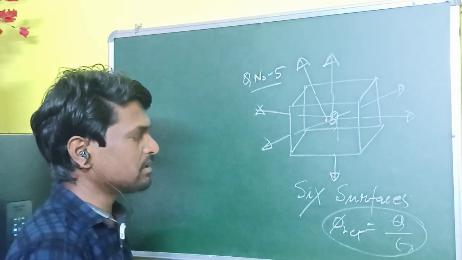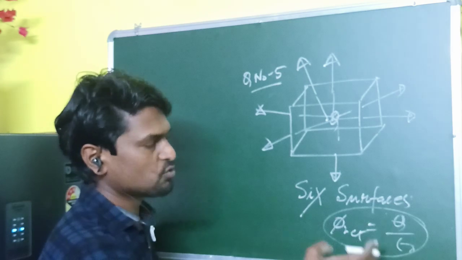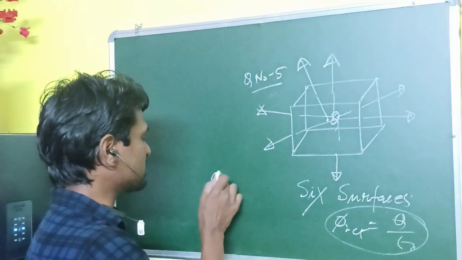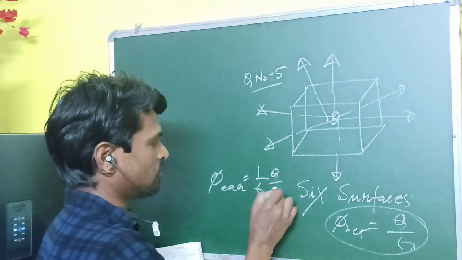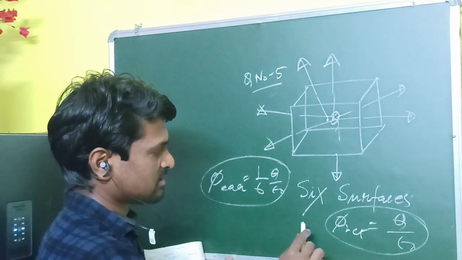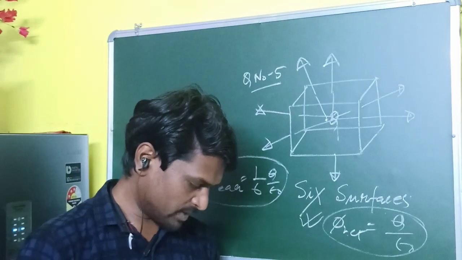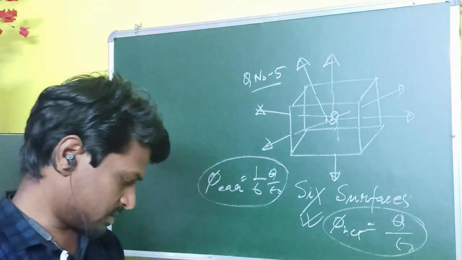But if it is given what is the flux for each surface, then you have to divide it by 6. So then flux for each equals 1 by 6 Q by epsilon naught. But for this numerical, the answer is Q by epsilon naught. Question number 5 is Q by epsilon naught.